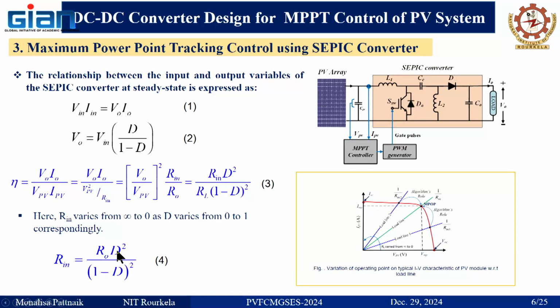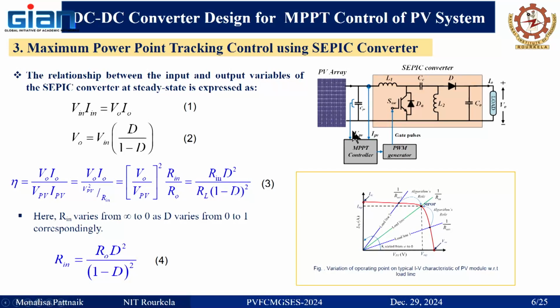So if D is 0, then it is 0. If D is 1, then it is infinite. So it is not limited; we are getting the full zone of operation. By varying the duty, we can operate in the full region. That's why you can go for the SEPIC converter.